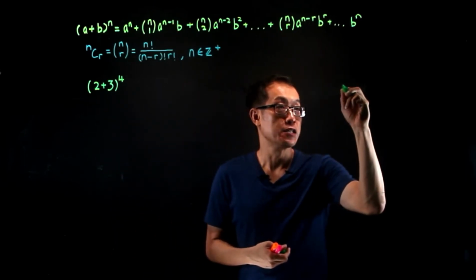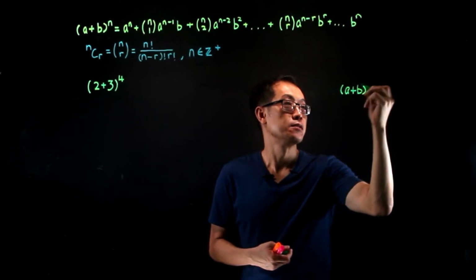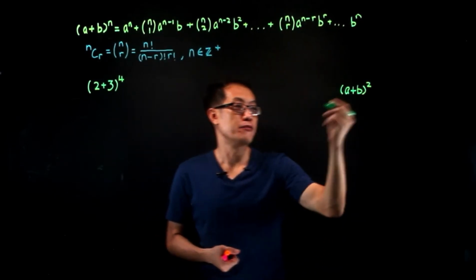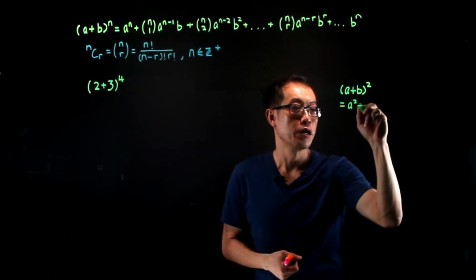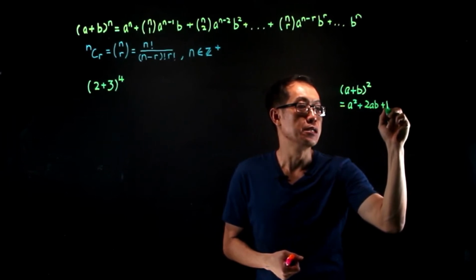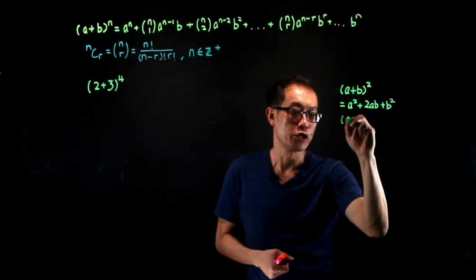Binomial expansion is expanding two terms squared. So this one, no problem. Every one of you should be able to tell me that this is equal to a squared plus 2ab plus b squared. How about if I increase the power to 3?